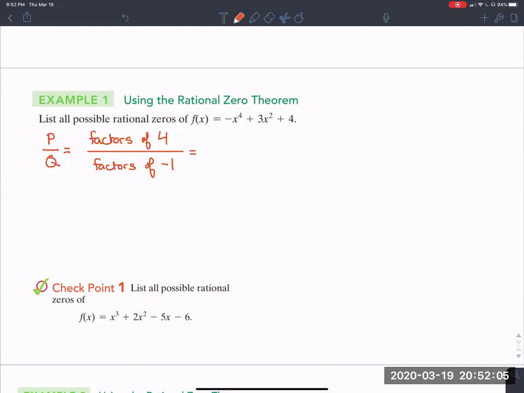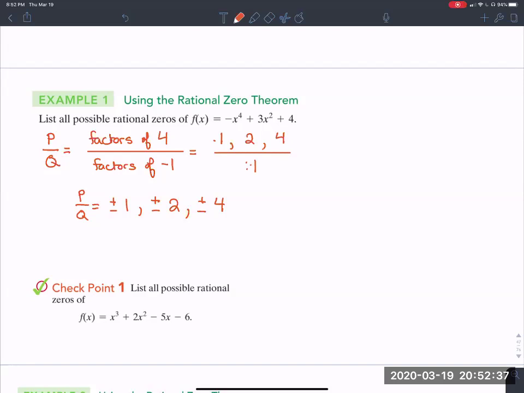So factors of 4 include 1, 2, and 4. Factors of -1 are just 1. So the possibilities of p over q can be positive or negative 1, positive or negative 2, positive or negative 4, because 1 over 1 is 1, 2 over 1 is 2, and 4 over 1 is 4.